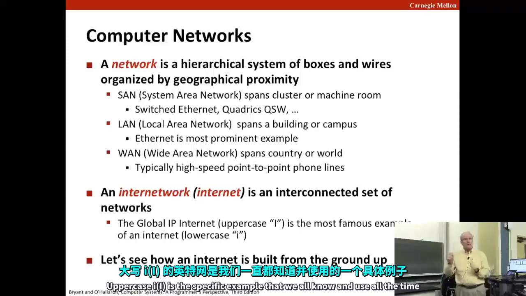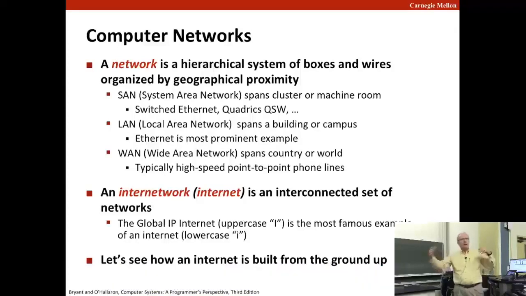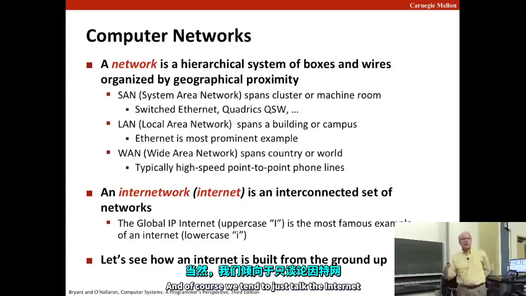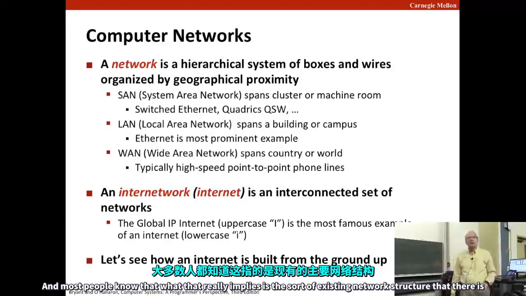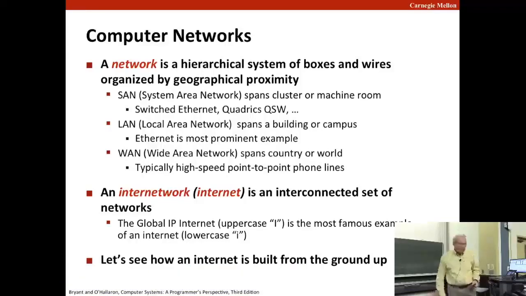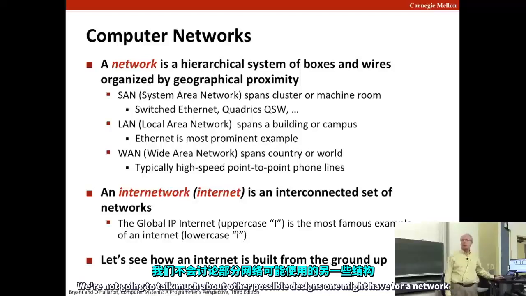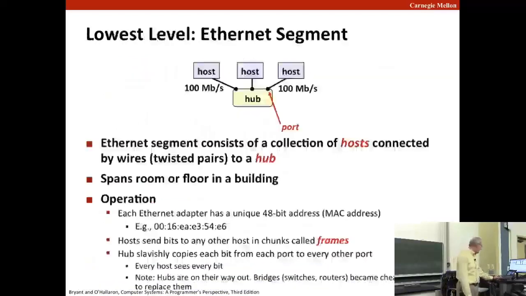Uppercase I is the specific example that we all know and use all the time that's organized by a certain set of principles that uses a particular set of protocols and so forth. And of course, we tend to just say the internet, and most people know that what that really implies is the existing network structure that there is. And that's good enough for the purpose of this course. We're not going to talk much about other possible designs one might have for a network.